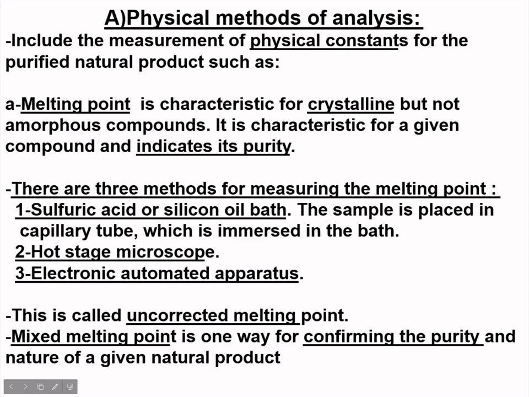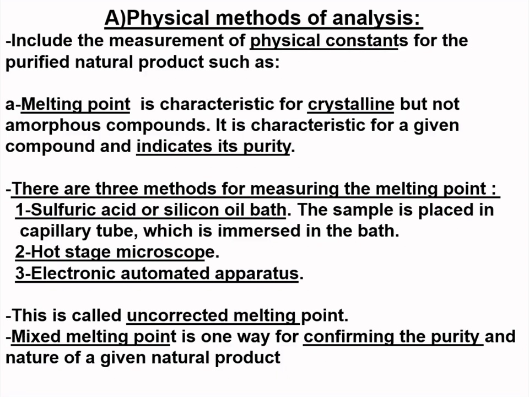Melting point is determined for crystalline compounds, not for amorphous ones. And its value actually indicates purity. Crystalline compounds are marked by having sharp melting point.